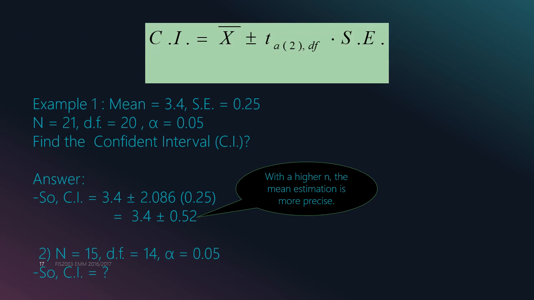Okey, ini pun contoh untuk confidence interval bagi bila ada sample mean darab t, darab alpha, darab 2, darab degree of freedom. Bagi example sini, mean equal to 2.4, standard error 0.25, and sample 21, degree of freedom 20, alpha 0.05.